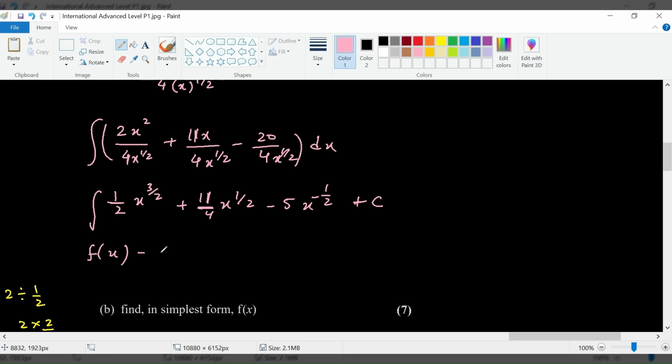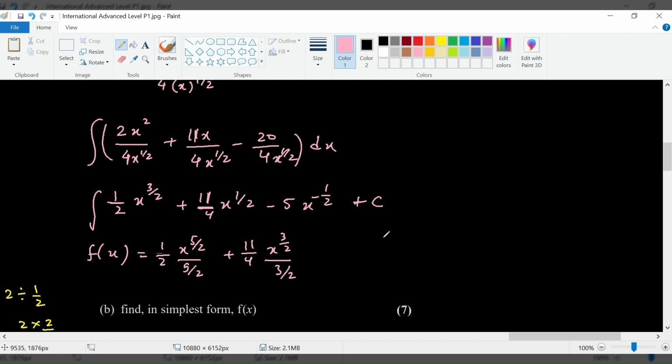This is going to be 1 over 2, and 3 over 2 plus 1 is going to give us x to the power 5 over 2, and then divided by 5 over 2. And this is going to be 11 over 4, and this is going to be 3 over 2, and then divided by 3 over 2.